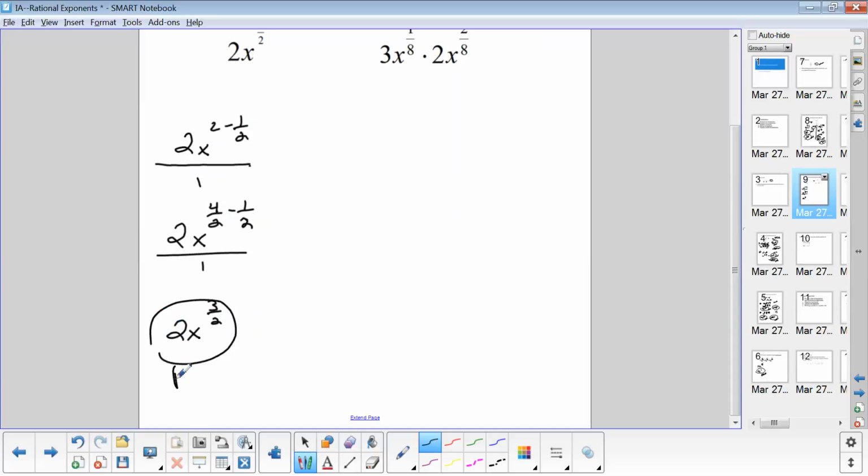So there's your rational form. Your radical form would be 2 times the second root of x to the 3rd power.